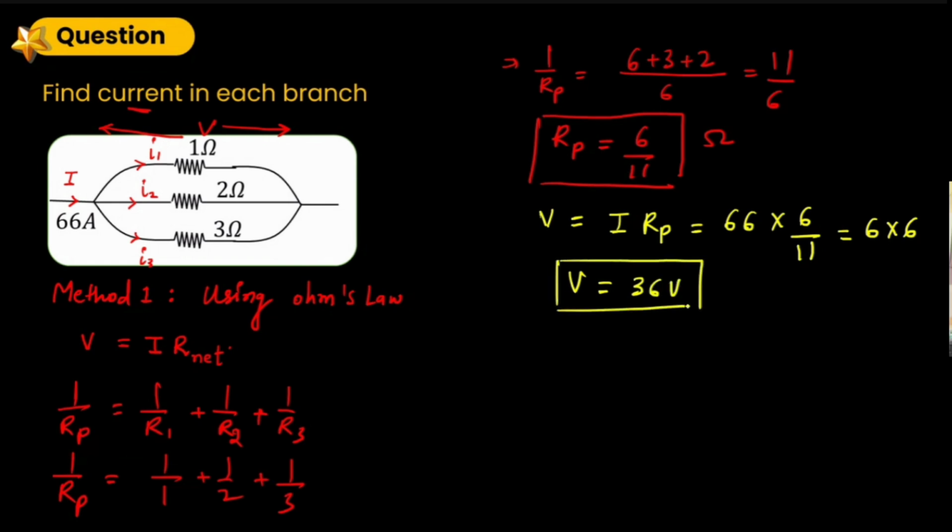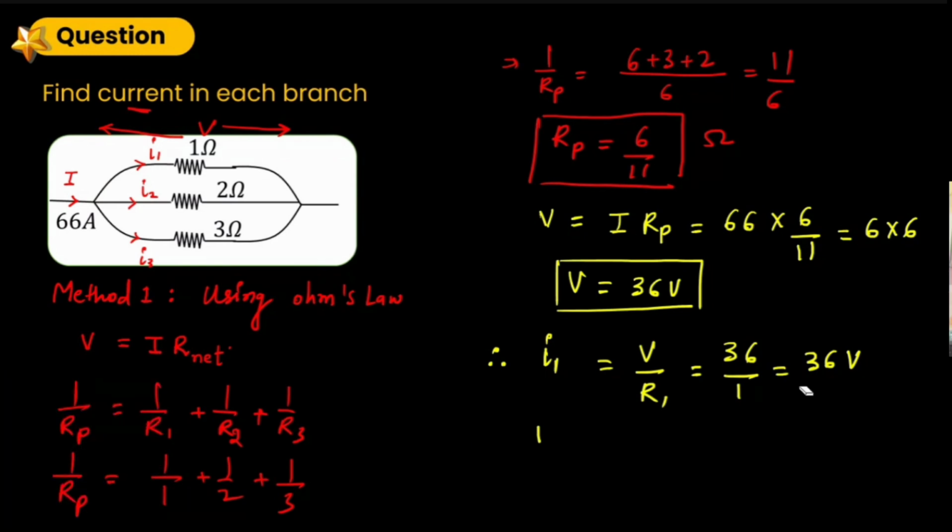Now that we have the potential, we can find the current in each branch. I1 is V by R1, which is 36 by 1, that is 36 amperes.